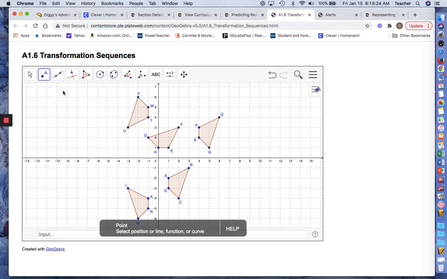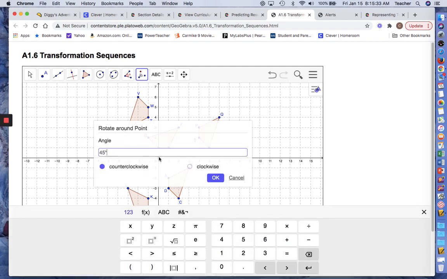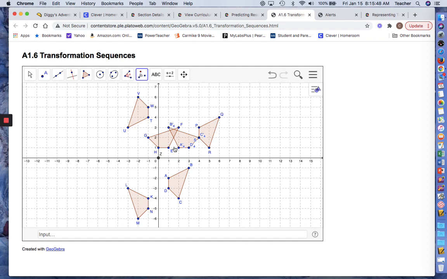I don't have one, so let me put a point there. All right, so now I'm going to rotate the figure around the origin 90 degrees, and it's already on counterclockwise. The reason they keep it on counterclockwise, you guys, is because that's the norm. If they do not specify on the ACT, they are talking counterclockwise. All right, so there's my figure.